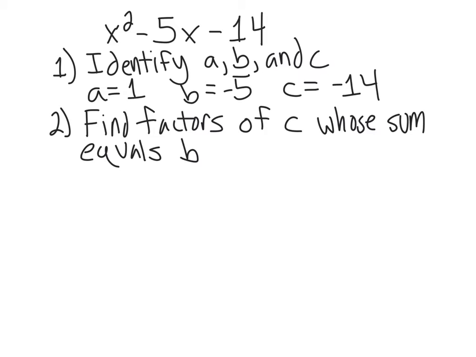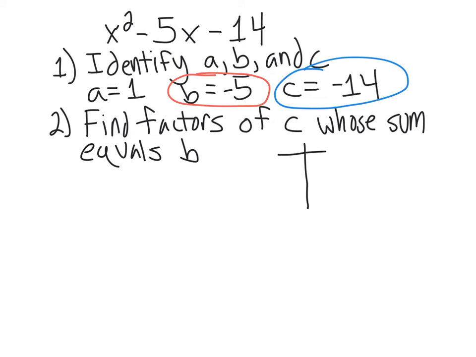Sometimes it's going to be easier than others. It's not always going to be easy. In this case, b equals negative 5, excuse me. So I need to find factors of negative 14 whose sum equals negative 5. For some of you, it might be popping in your head already. Alright, so I'm going to make my list here.